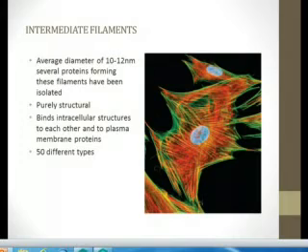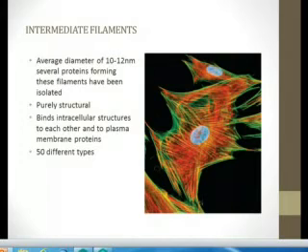Now the second portion within the cytoskeleton is the intermediate filaments. Intermediate filaments are called intermediate because their diameter ranges between that of the microfilaments and the microtubules.